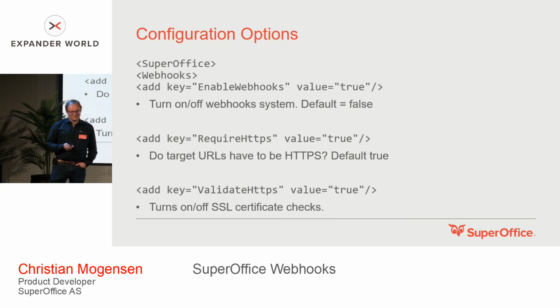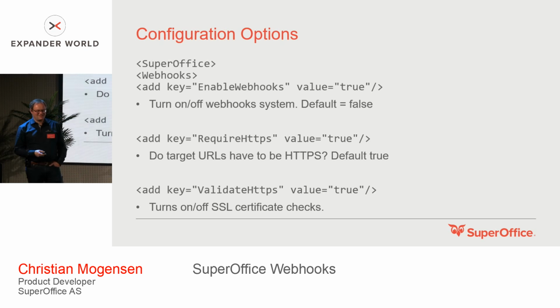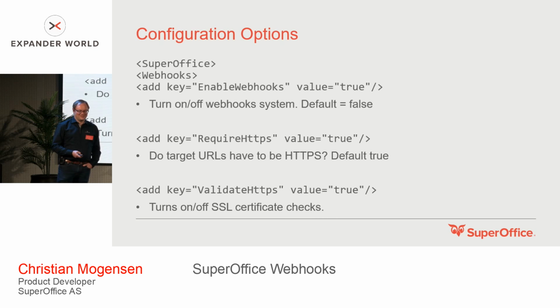And then there are 2 others which are useful when you're developing. One is requiring HTTPS. You can turn that off so that the system doesn't complain about HTTP localhost. You don't have to have a certificate at all. And if you do have certificates, but they're self-signed or development certificates where the machine name doesn't match or something like that, you can set validate HTTPS to false, and you can do development without having to have 100% valid certificates on your site.